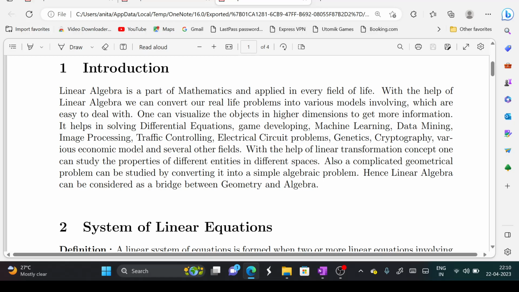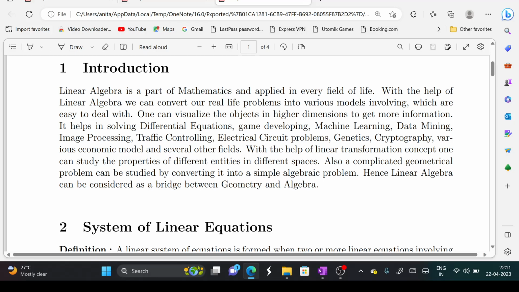One can visualize objects in higher dimensions to get more information. And mainly, it has applications in a wide range of fields, that is, differential equations, game developing, machine learning, data mining, image processing, traffic controlling, electrical circuit problems, genetics, cryptography, various economic models and several other fields.